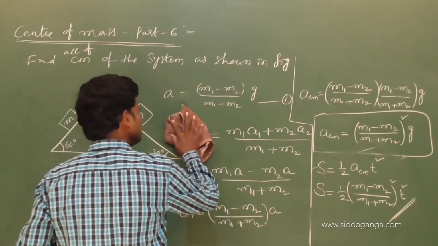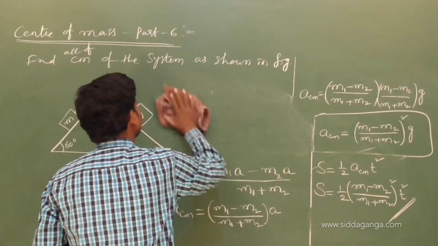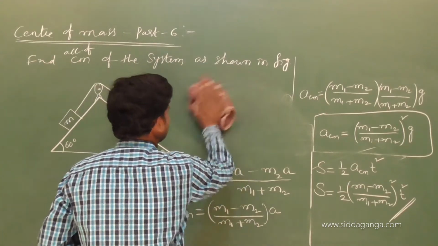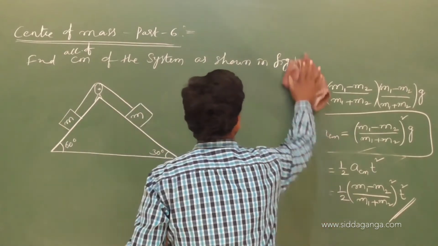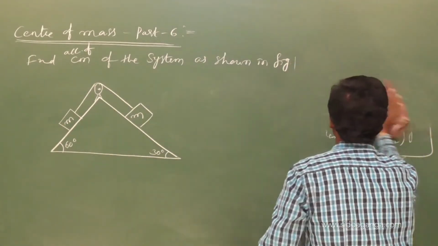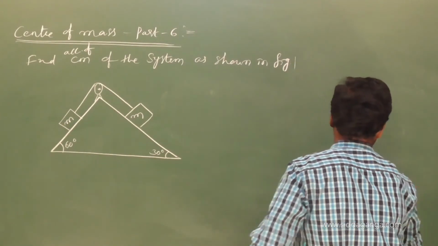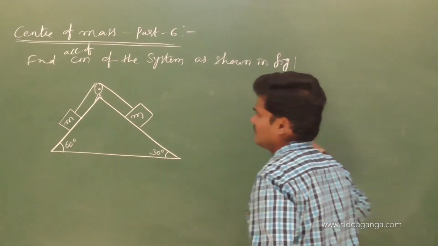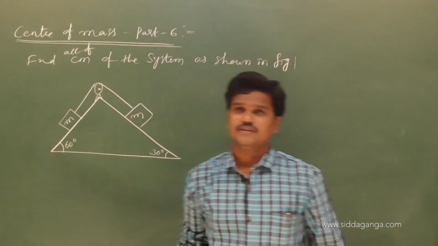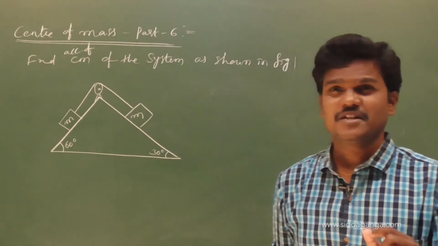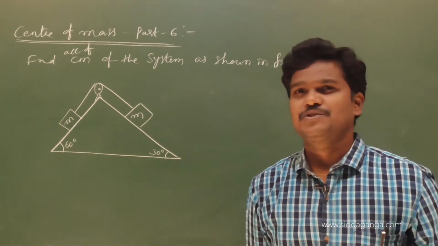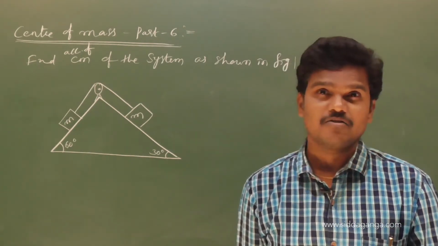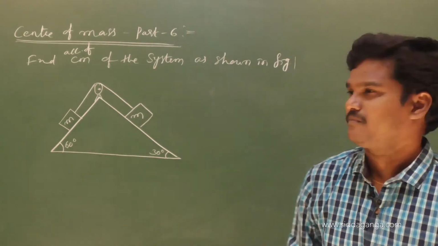The acceleration of the system is different. Again, I am going to find the acceleration of center of mass of the system. The acceleration of the system and tension in the string you already calculated in laws of motion. I hope that everyone remembered. But here, our target is to find the acceleration of center of mass of the given system.